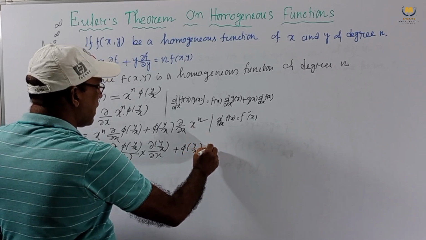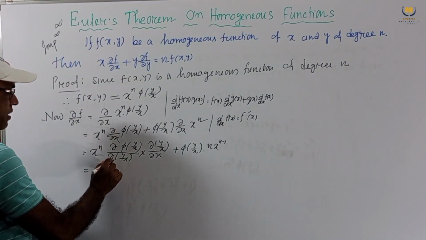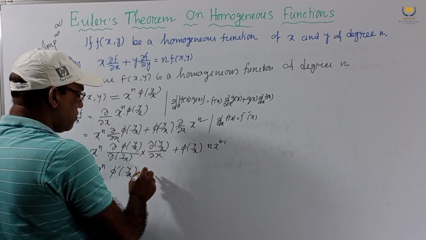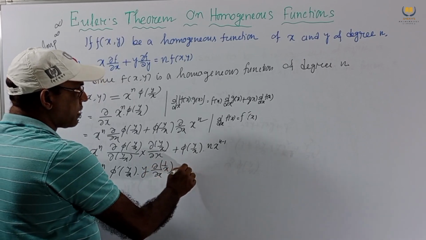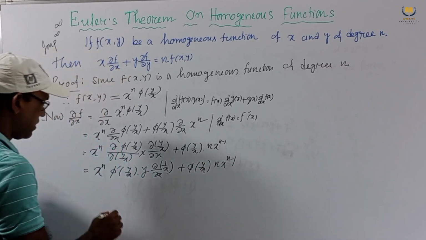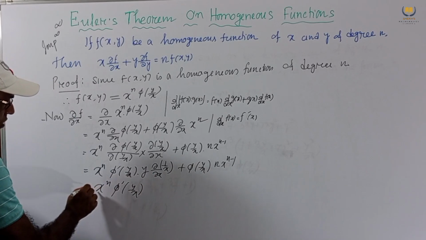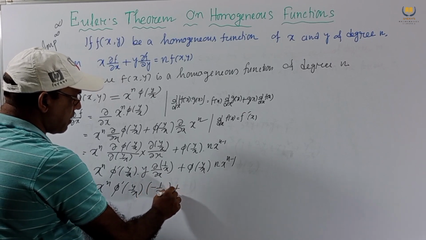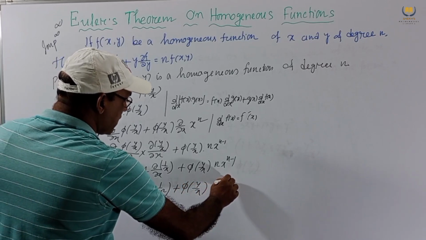So this will be x to the power n into del phi of y by x by del y by x, into del of y by x by del x, plus phi of y by x into n x to the power n minus 1. And this will be x to the power n phi dash y by x, where y is constant, del of 1 by x is minus 1 by x square, with y written here.